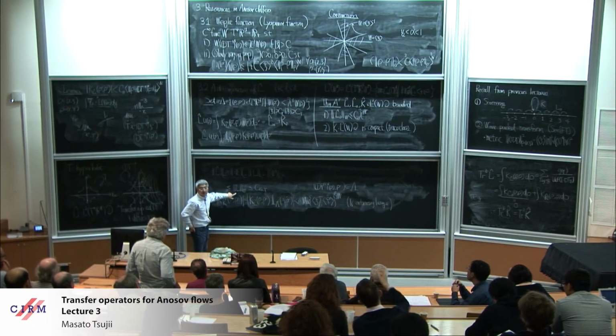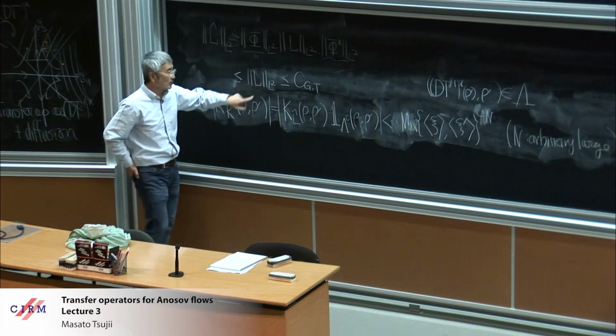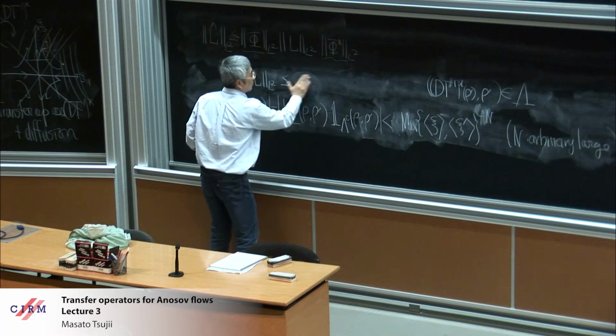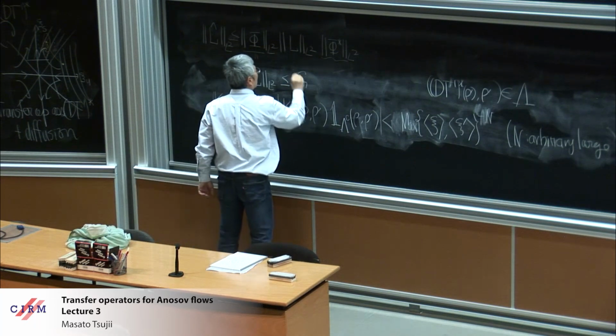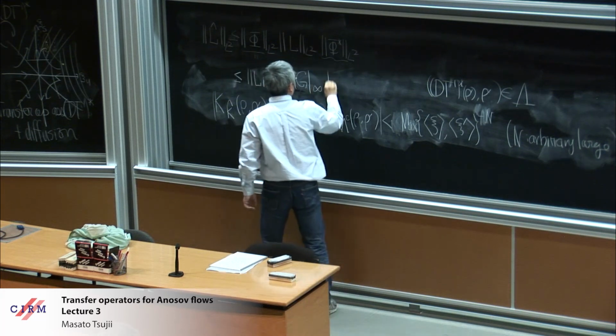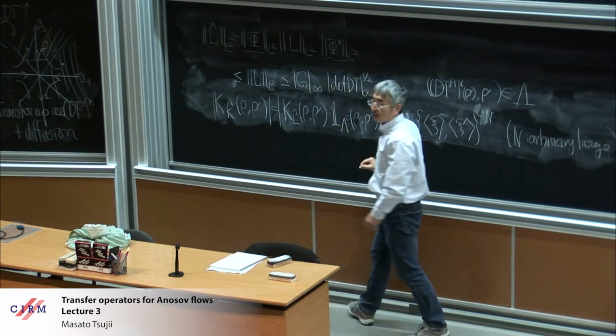Yeah, if you estimate this, this is just for the L2 norm, right? So we can bound it more precisely as maybe the supremum of G times the determinant of dT to the power 1/2, in the infinity norm.